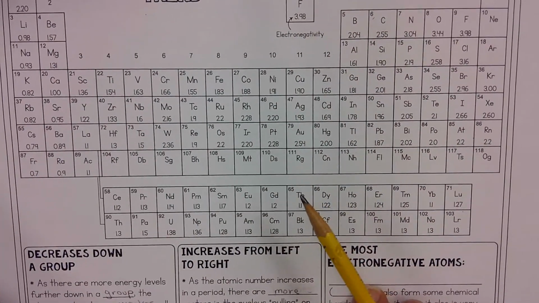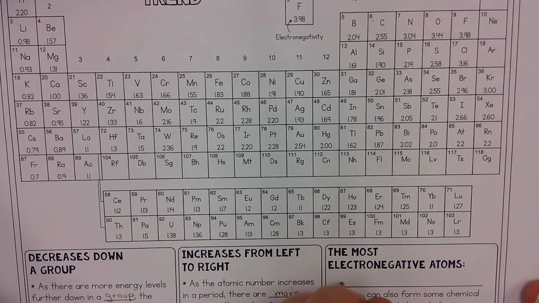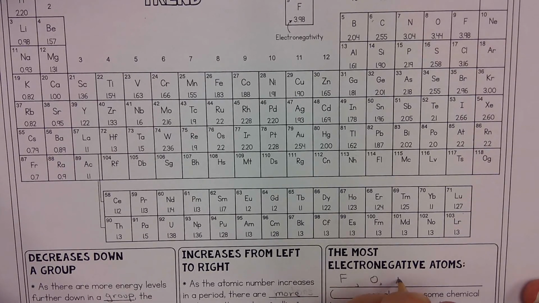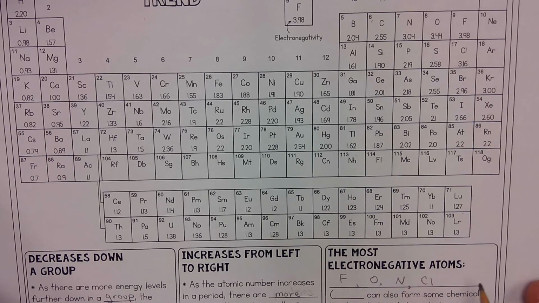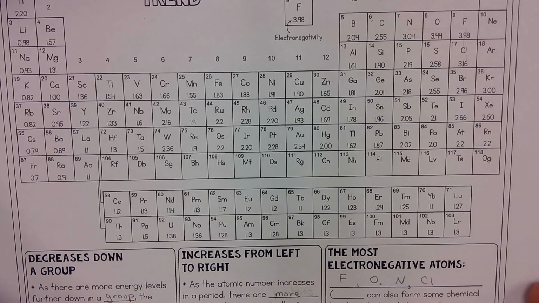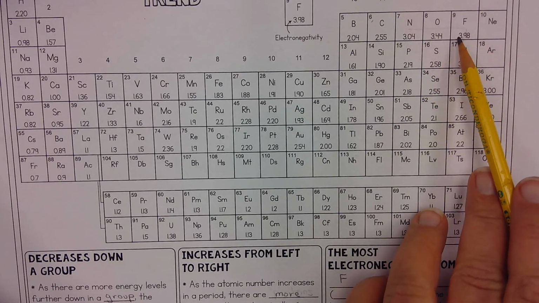So the most electronegative atoms on the chart are up here in the upper right hand corner. So fluorine, I'm just going to do the symbols: oxygen, nitrogen, chlorine. Those are the most electronegative atoms. These four right here. You can see they're the ones that are all above 3. Fluorine even is at 4.